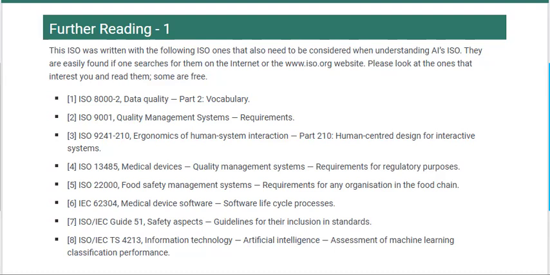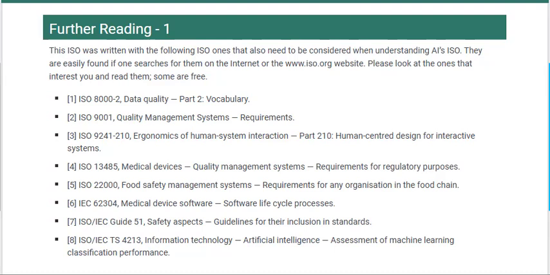3. ISO 9241-210, Ergonomics of Human System Interaction, Part 210, Human-Centered Design for Interactive Systems. 4. ISO 13485, Medical Devices, Quality Management Systems, Requirements for Regulatory Purposes. 5.